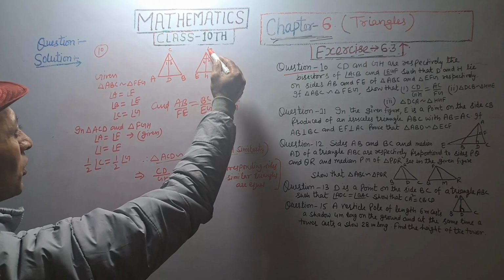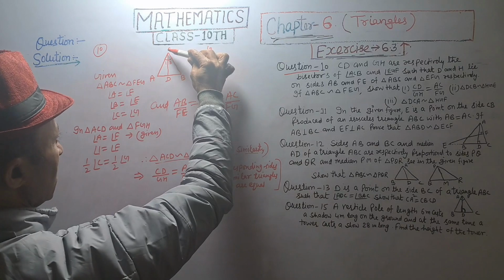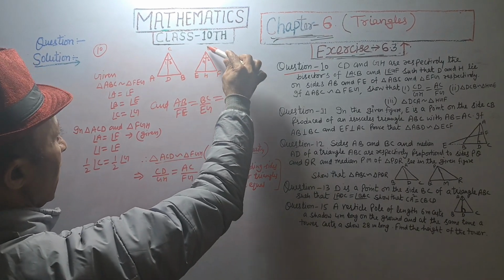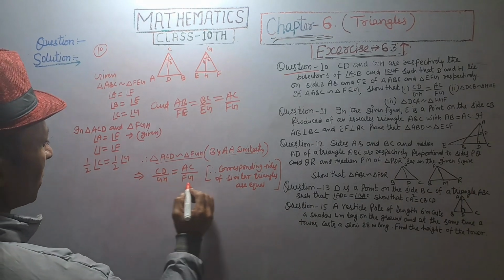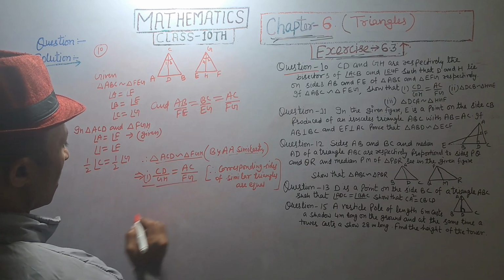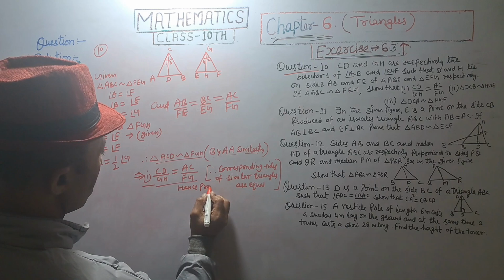Then CD upon GH is equal to AC upon FG. First part holds. Hence proved.